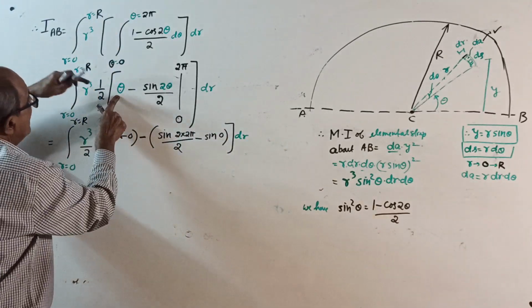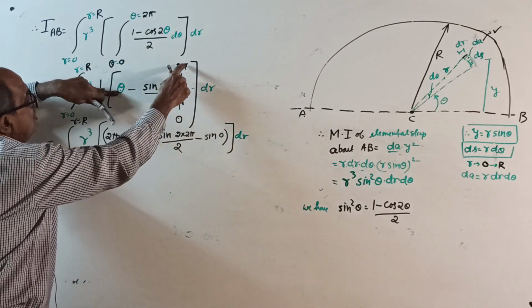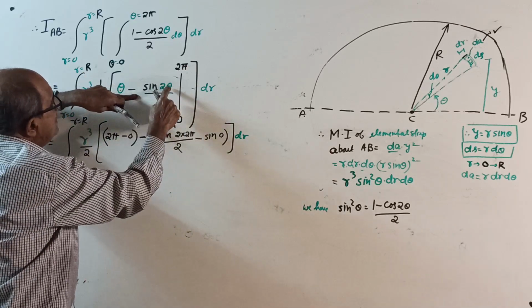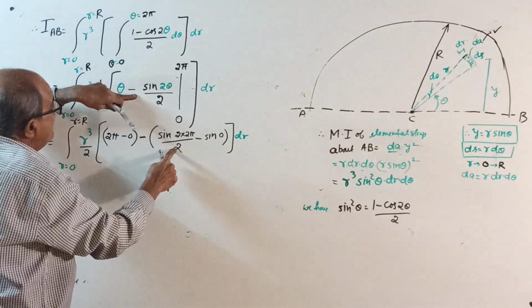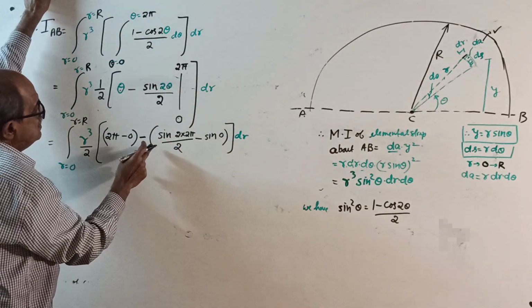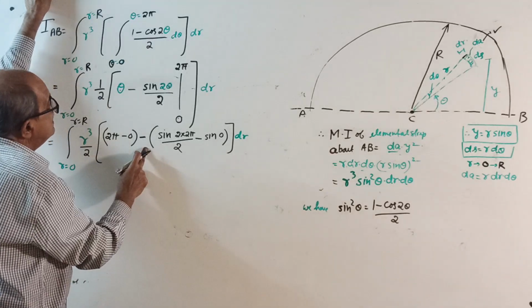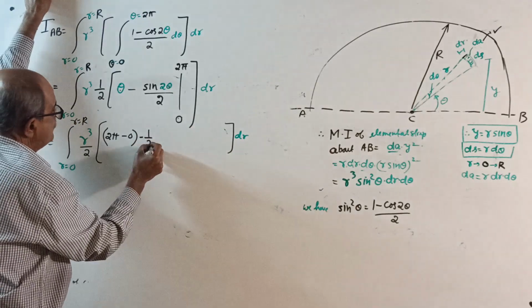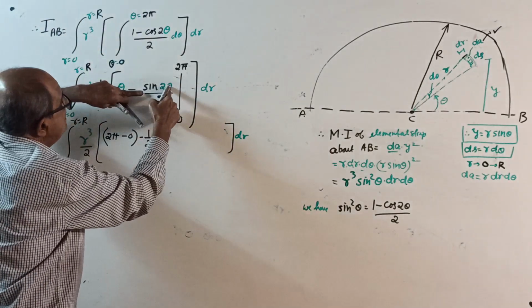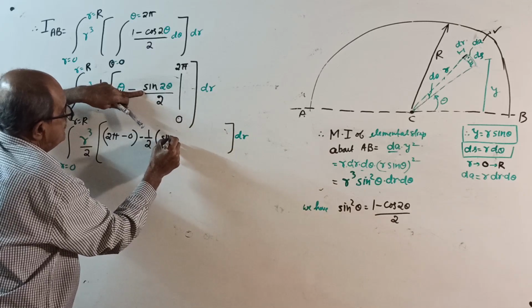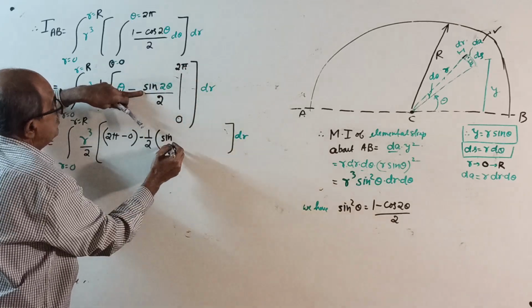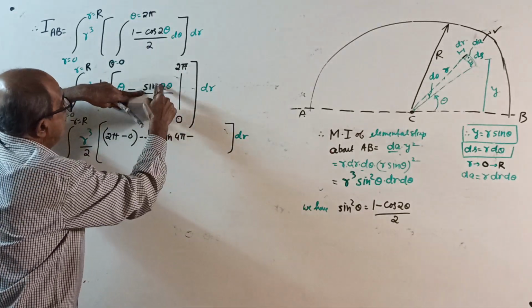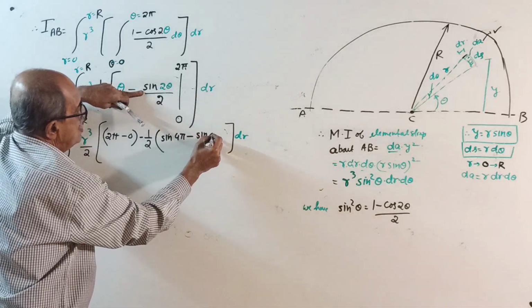See, theta becomes upper limit 2 pi minus 0 over here. Sin 2 pi by 2, 2 by 2 is already there, or you can do one thing, this half you can take outside also, that is better. Okay, that's still better. Take that half outside, one more half outside, half times sin 2 theta becomes sin 2 into 2 pi. You can write here directly sin 4 pi minus sin 0. Sin 0.